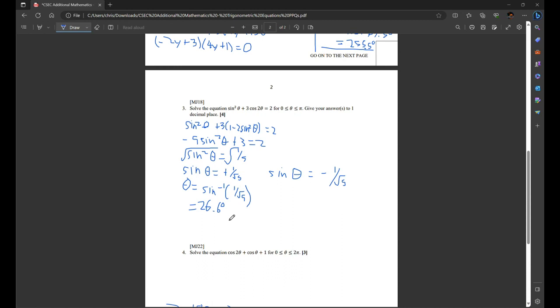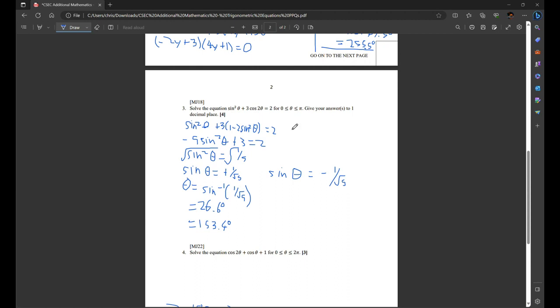You remember that for the second quadrant, the way that you solve for the angle is 180 degrees minus your reference angle, which in this case would be 26.6. So that gives us 153.4 degrees. Again, it says to 1 decimal place, so I'm putting these to 1 decimal place.